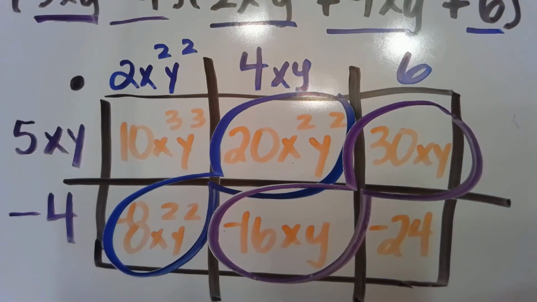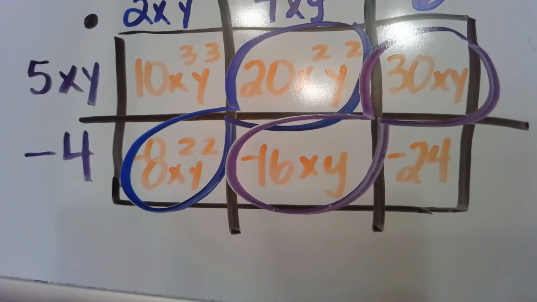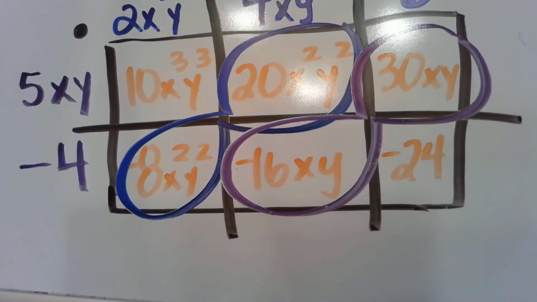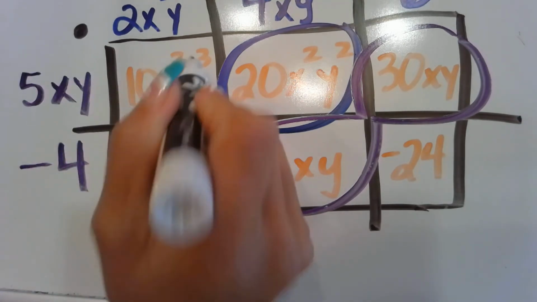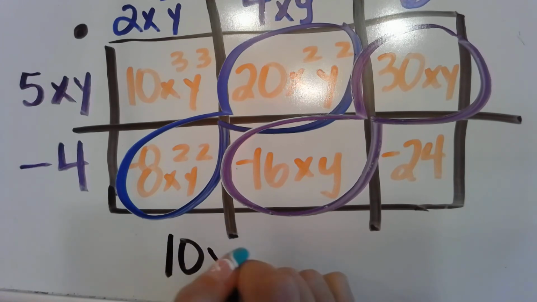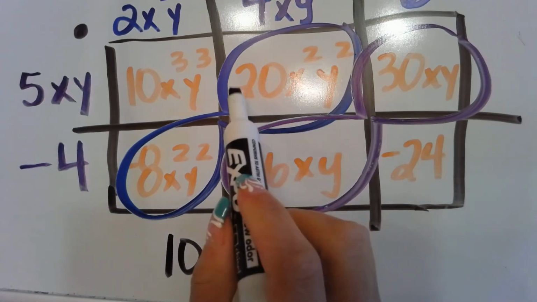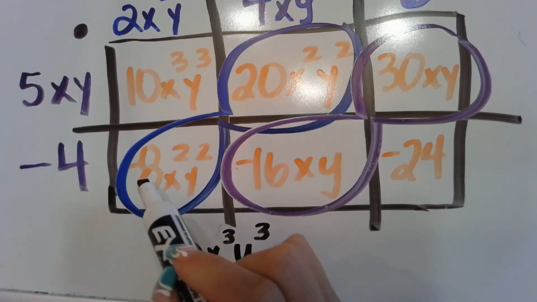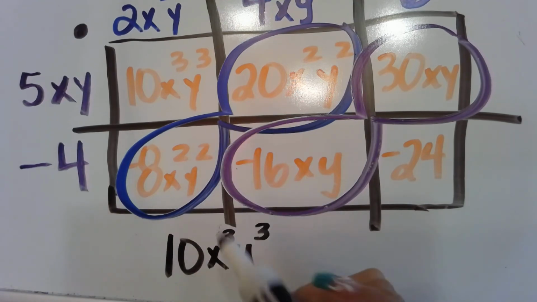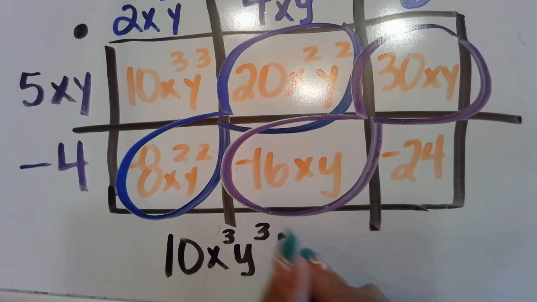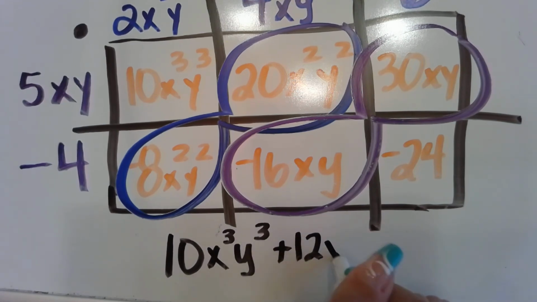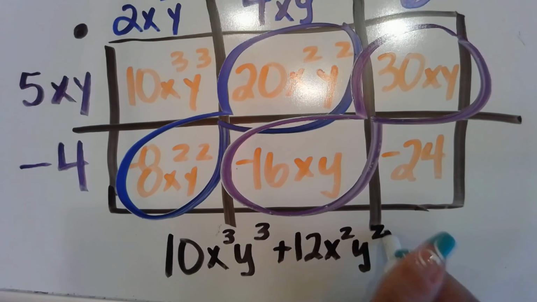So let's go ahead and write our final answer down here. Okay? So we're going to take this piece, 10 x to the third, y to the third, doesn't combine with anything, so we're going to write 10 x to the third, y to the third. So we're going to say 20x squared y squared minus 8x squared y squared. And 20 minus 8 is going to be 12. So we're going to write plus 12x squared y squared.